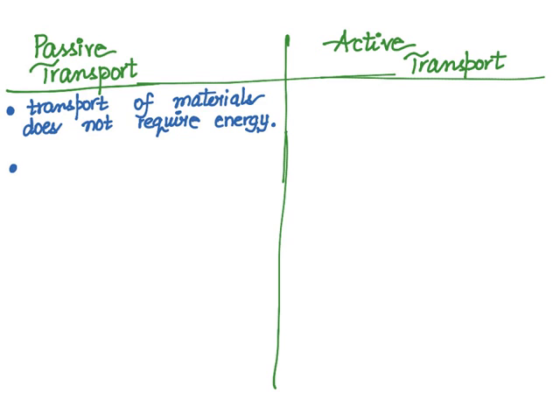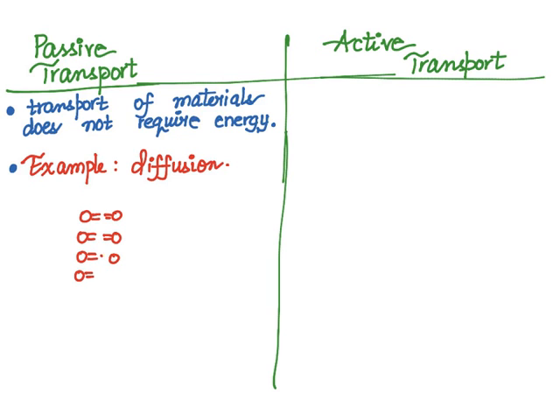Now an example for a passive transport is diffusion. Now I'll show you with a diagram, a rough picture. So let us say this is the plasma membrane. And we have a high concentration of oxygen molecules here in this area.